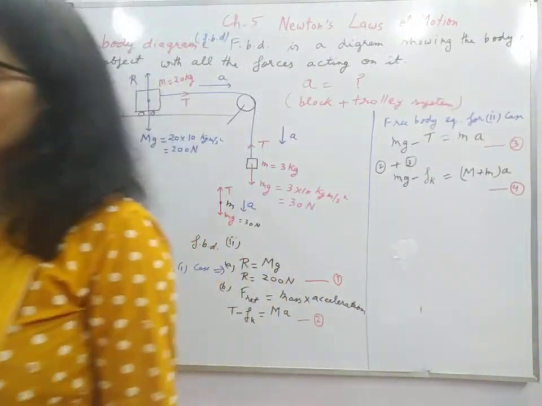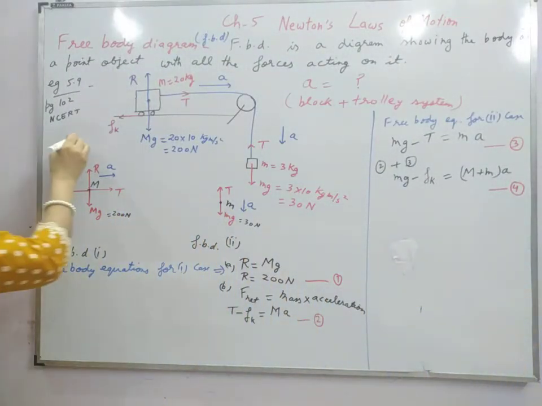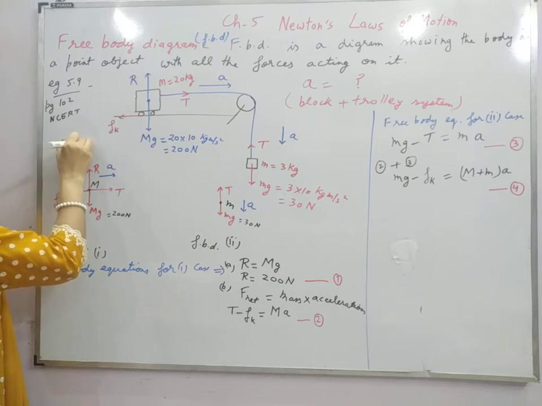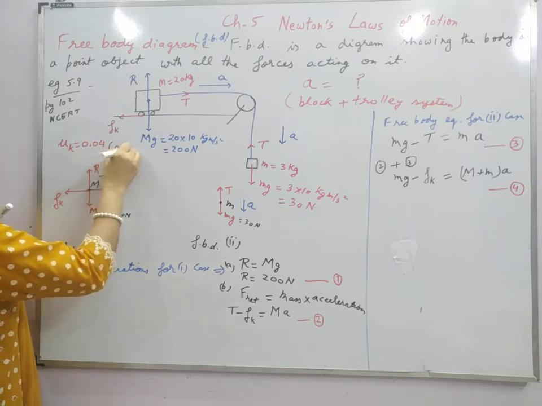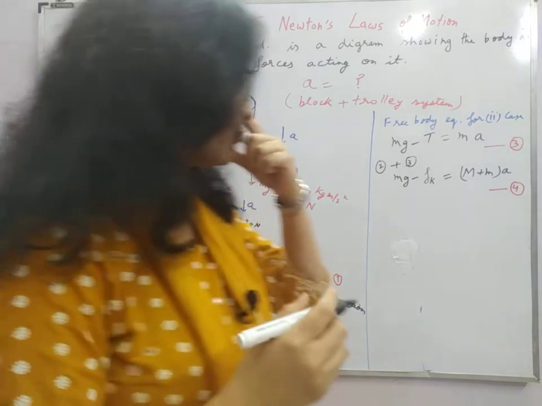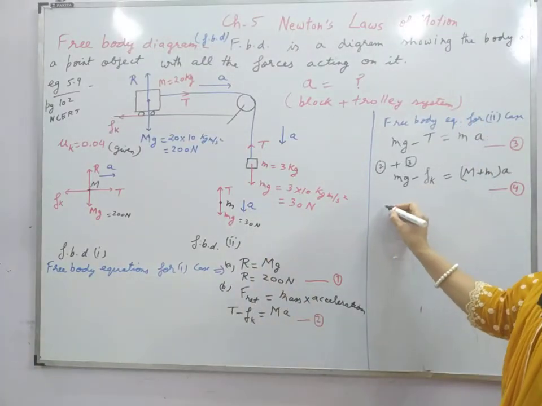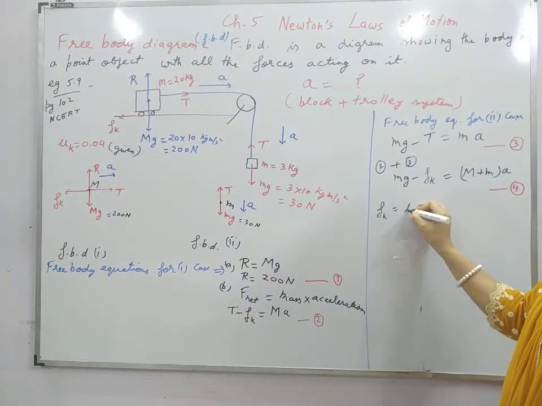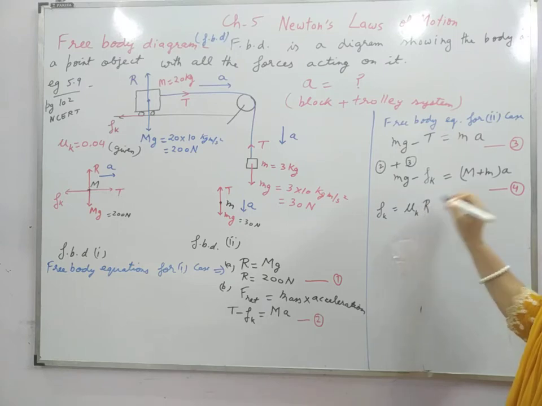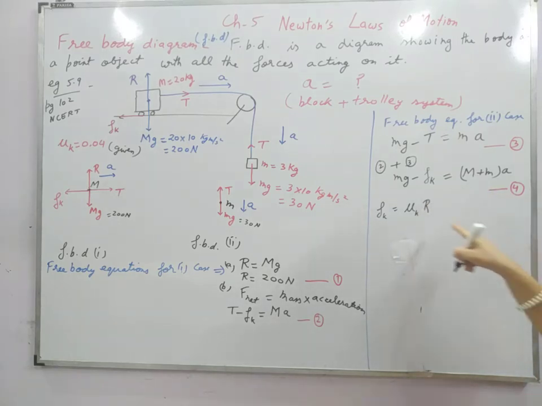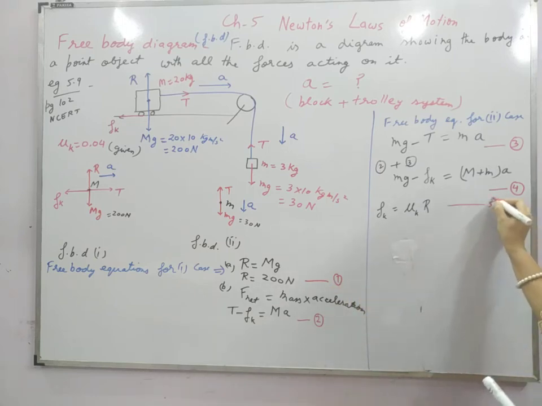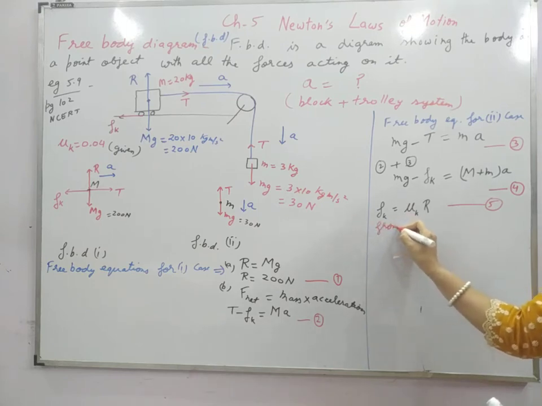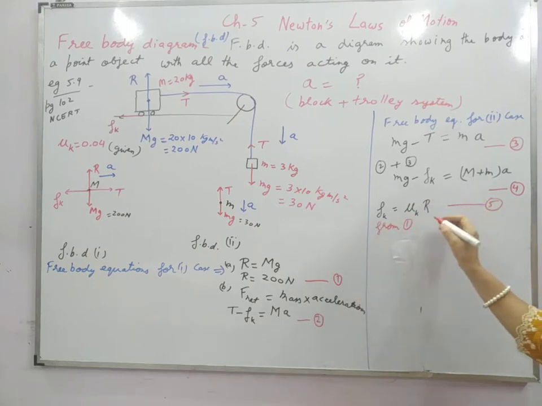They have given that the coefficient of friction is 0.04. This is given, right? So how to find this Fk? We know that Fk is equal to mu k into R, right? And R is how much? 200 Newton. So let's mark this as 5. From 1, we are putting the value in 5.